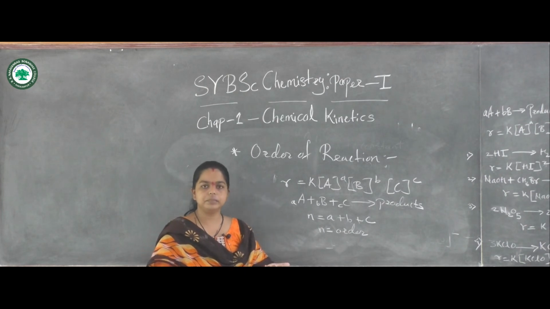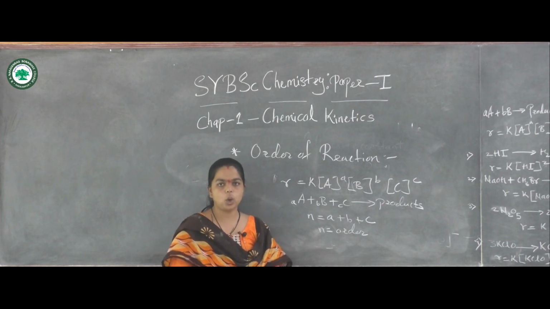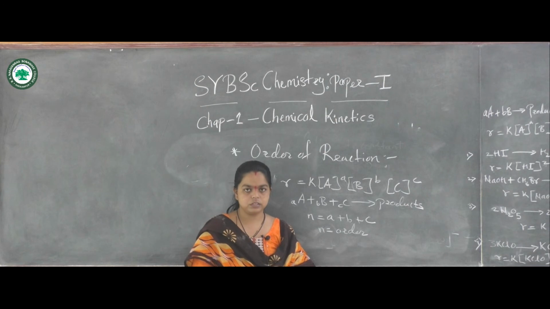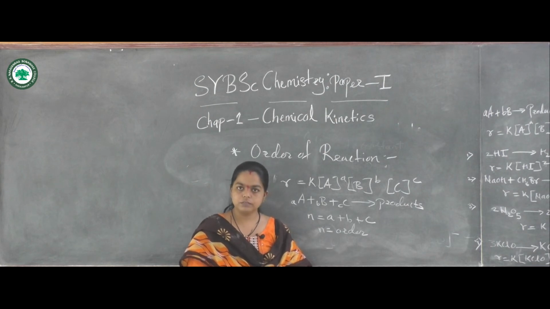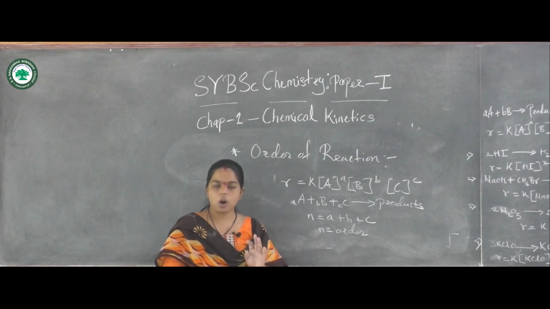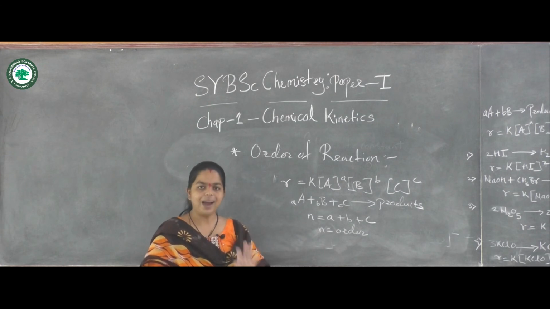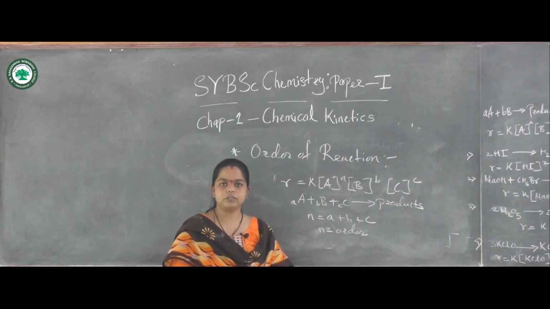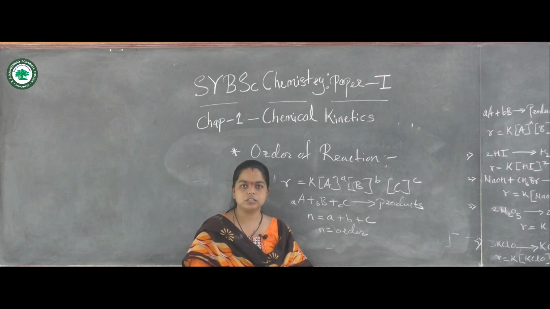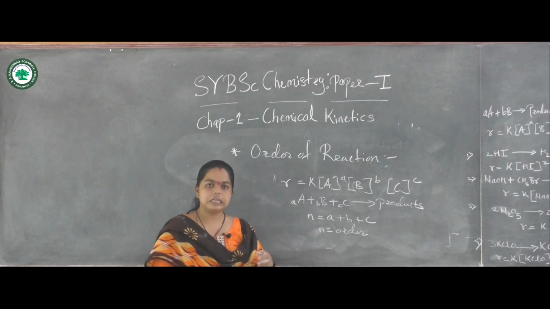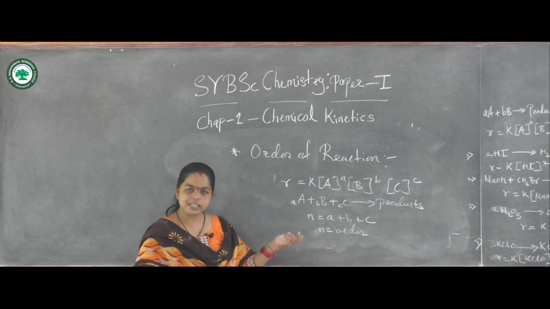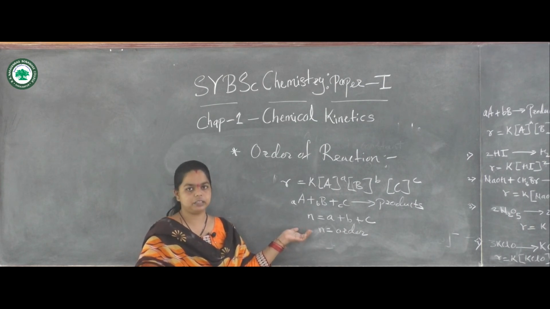The order may be an integer, it may be 0, or it may be fractional. For a particular reactant, the order is the power to which its concentration is raised in the experimentally determined rate equation.